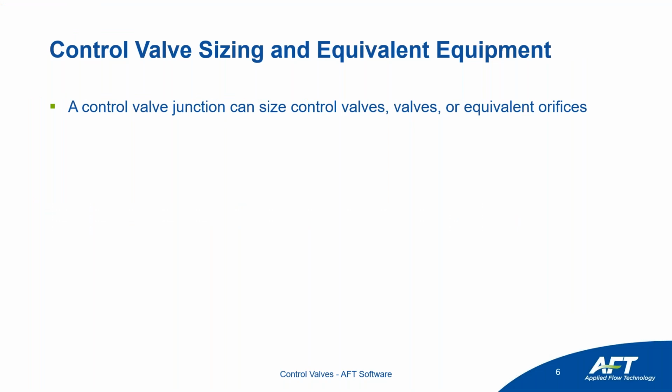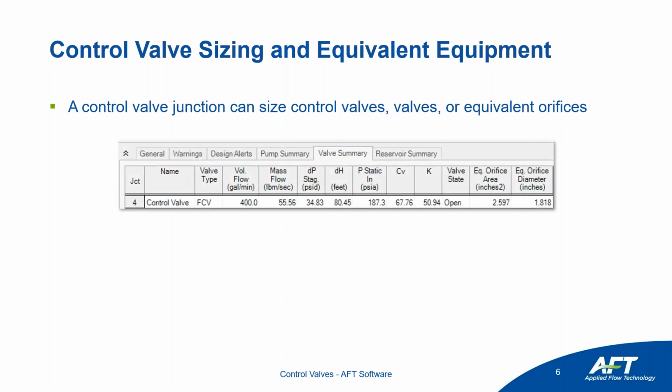So just through that basic control valve modeling, we saw how we can determine CV. So now we can size things like our control valves and regular valves, but we can also use control valves to size equivalent orifices. So let's say I'm just trying to knock down flow. I don't need necessarily very fine control.